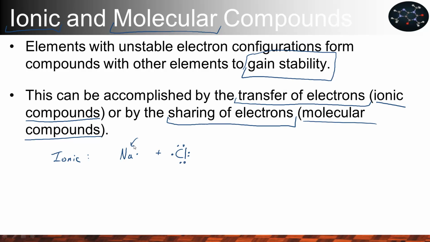Well, inside the sodium, we actually have the n equals 2 orbit, and in the n equals 2 orbit, we have 8 electrons. So this n equals 3, 1 electron that's sitting here in the valence orbital, if that went away, we'd be left with these 8 electrons in the valence orbital, and we'd have a full valence shell.